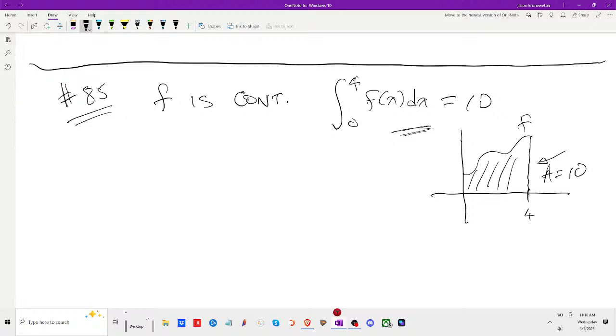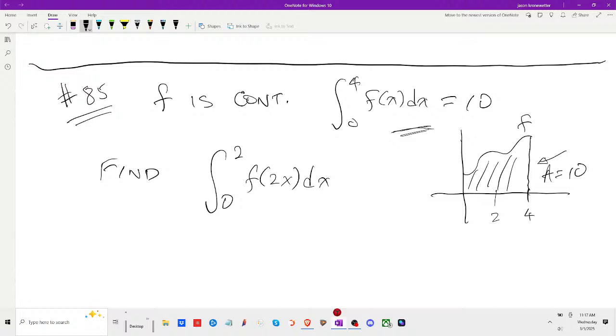Okay. Now what they're saying is to find the integral from 0 to 2 of f of 2x dx. Okay, well, how are these related? Now it's going from 0 to 2, okay, but it's not f of x anymore, it's f of 2x.